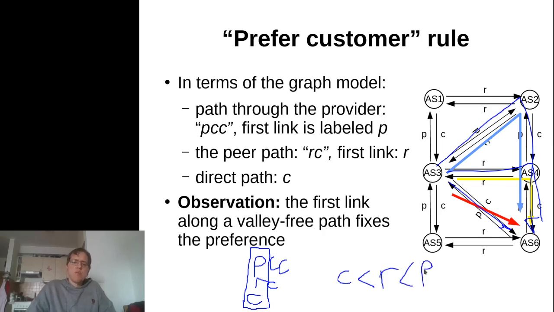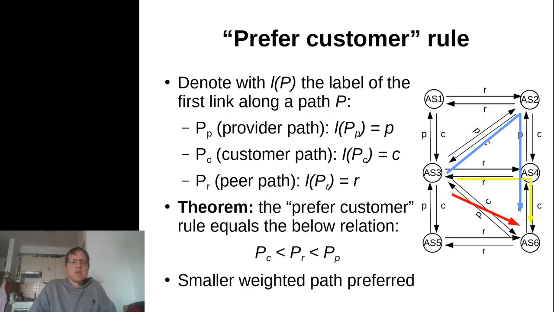And this is the big idea in the prefer customer rule. Whenever there is a customer path, we use that. If no customer path is available, then we use the peer link. If neither a customer path nor a peer path is available, only in that case we use the provider link, because the provider will actually charge a transit fee for this type of traffic.